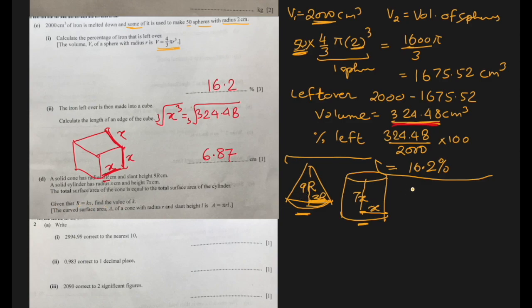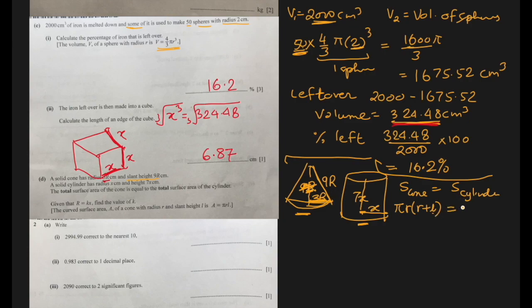Alright, so surface area, let's write S only. Surface area of cone is equal to surface area of cylinder. Surface area of cone, the formula for that is pi r (r plus L). L is the slant height. Slant height is 9r, so we don't have to do anything. This is 9r, not the actual height, so that makes our job easy.